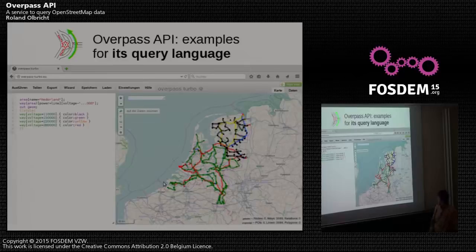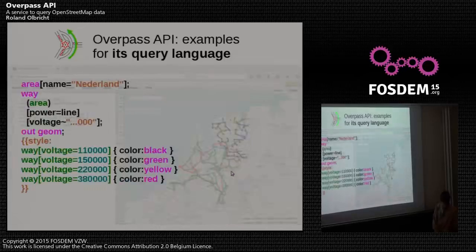In this case, the power distribution network of the Netherlands divided by the voltage of the individual lines, which suggests that there is a certain parting into a northern and a southern part with different networks.